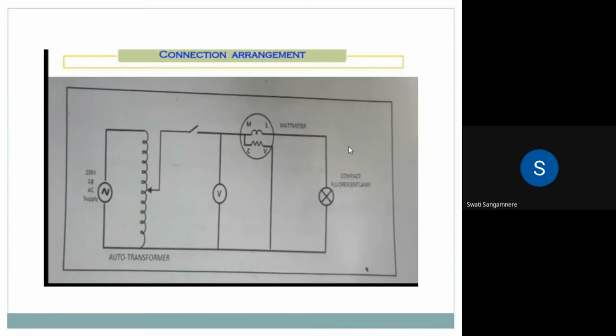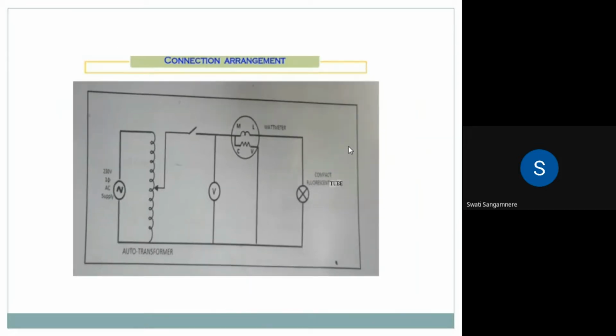This connection diagram is for the CFL lamp, which has a little bit of difference, that is, in place of the incandescent lamp here we can use a compact fluorescent lamp.